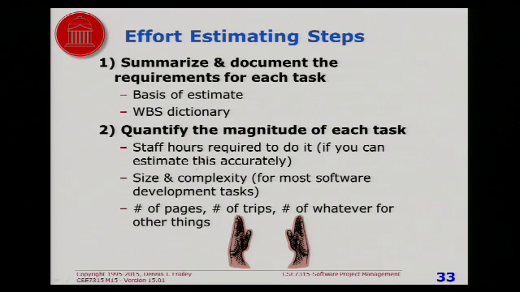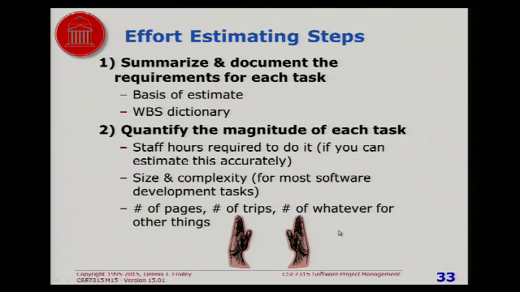Then you figure out the magnitude of each task. This is a 10-hour task. This is a 3-week task. And in some cases, you also look at the complexity. Because something that is 100 lines of code that is really simple might take less time and less effort than something that is 100 lines of code but extremely sophisticated and complicated, like maybe some kind of a telecommunications interface or something.